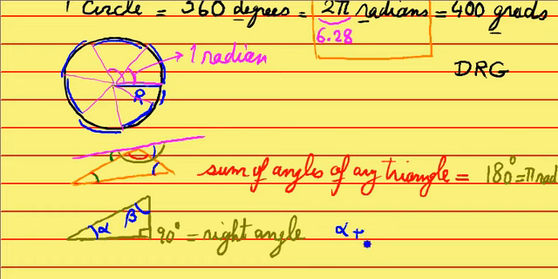Alpha plus beta is going to be the other 90 degrees of the total sum of 180 degrees. Alpha plus beta becomes 90 degrees. 90 degrees in notation of radians is going to be pi half radians. Any two angles that have this property that their sum is 90 degrees are referred to as complementary angles.